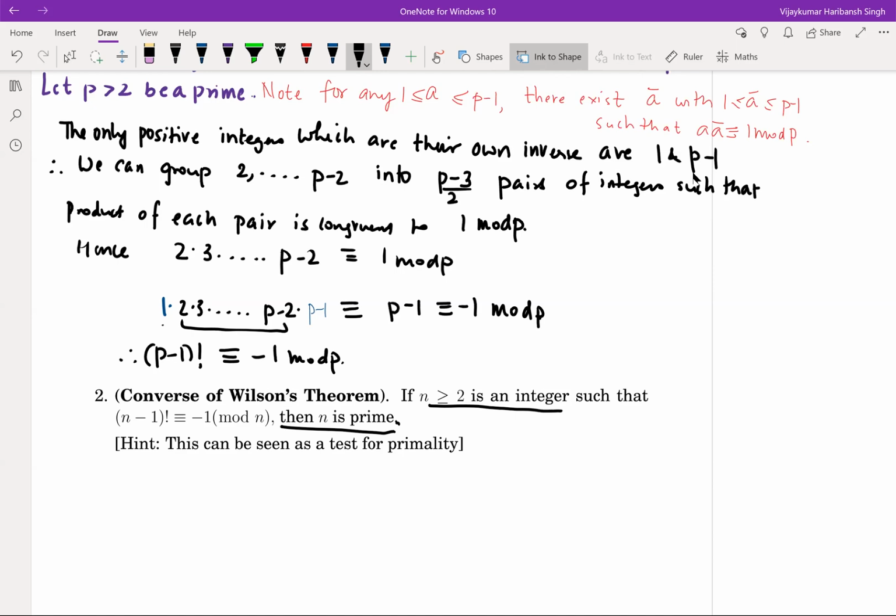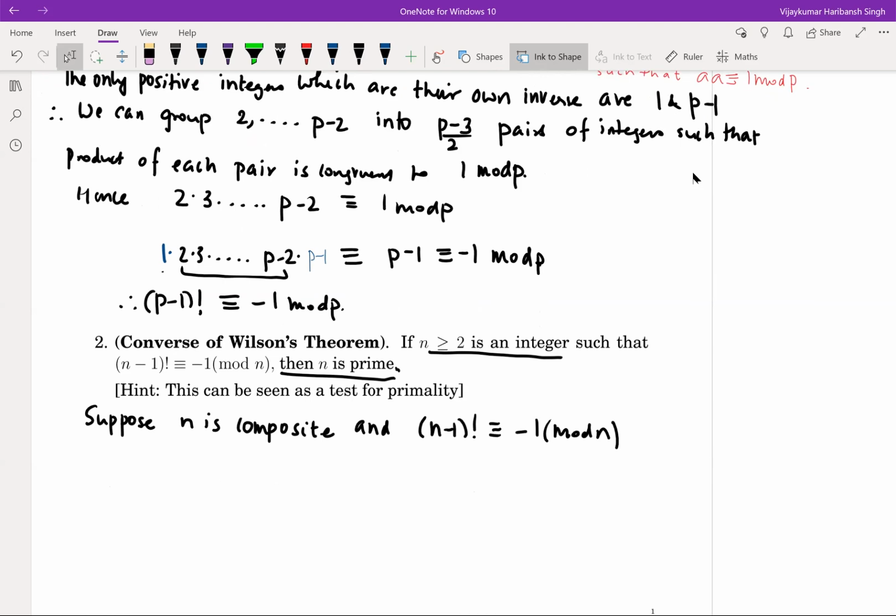So let's prove this. We'll prove by contrapositive, or we can use proof by contradiction. Suppose n is composite, and on top of that we have n minus 1 factorial is congruent to minus 1 mod n. So let's see what happens.